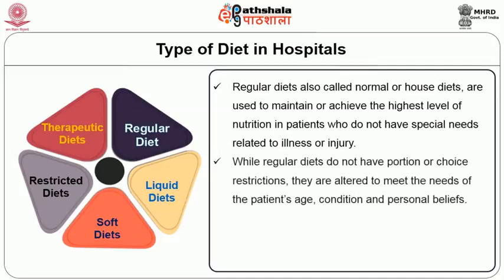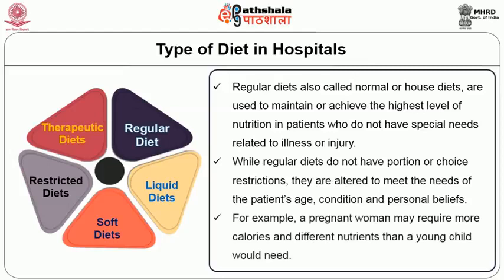While regular diets do not have portion or choice restrictions, they are altered to meet the needs of a patient's age, condition and personal beliefs. For example, a pregnant woman may require more calories and different nutrients than a young child would need, and hence these modifications are done in regular diets.